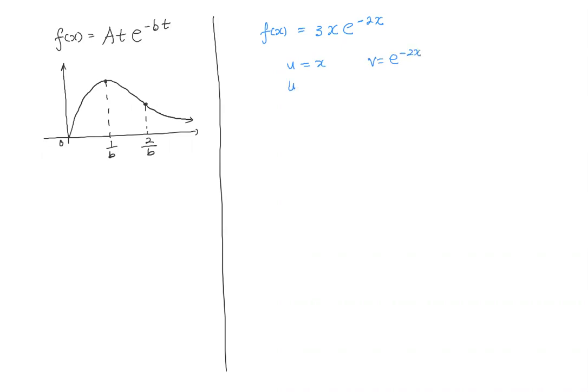So u prime is 1, v prime is e to the power negative 2x times negative 2. So for my f prime x, I have to remember there is a 3 here, I put it outside. So I follow the product rule formula. Indirectly, you just tell yourself you do some sort of cross multiply.